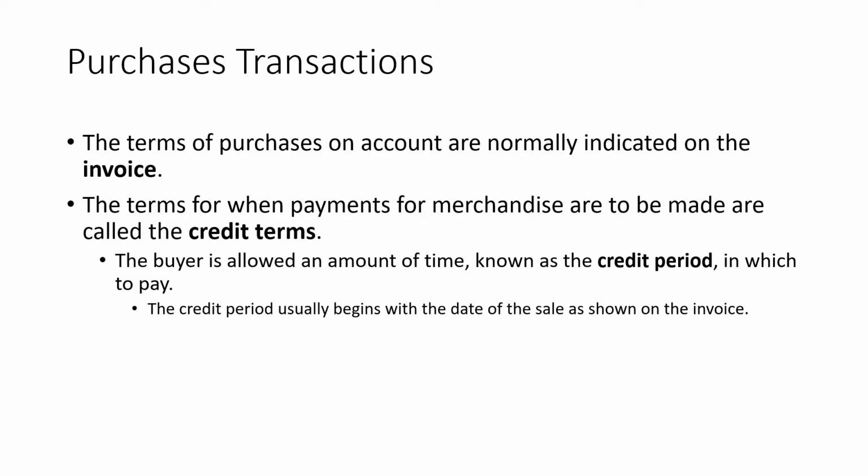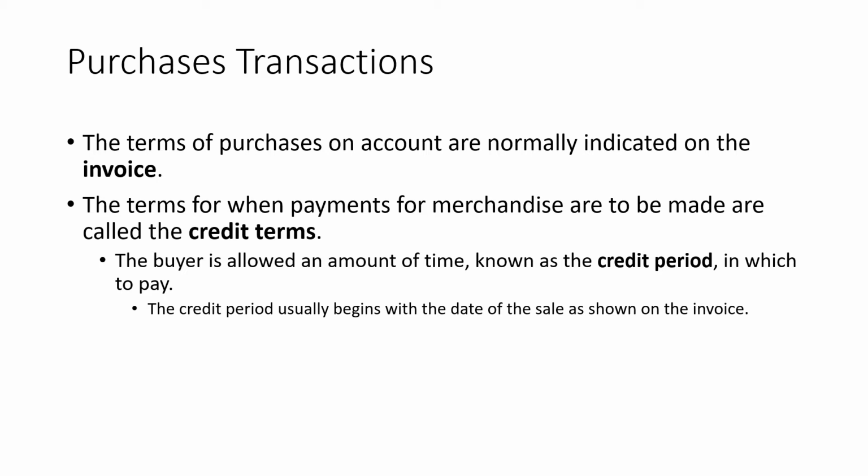So now sometimes when purchases take place, there are discounts and things like that. So that's what we'll talk about in the next couple of slides. But you find this information on the invoice. So you've probably all seen an invoice at some point. It basically shows the merchandise that is purchased, how much is due, when it's due.